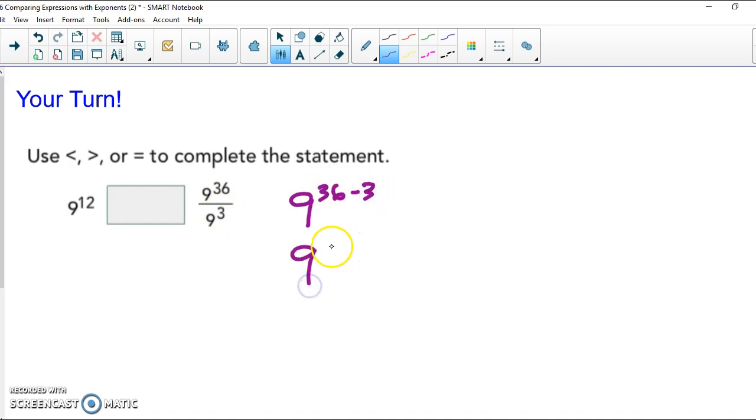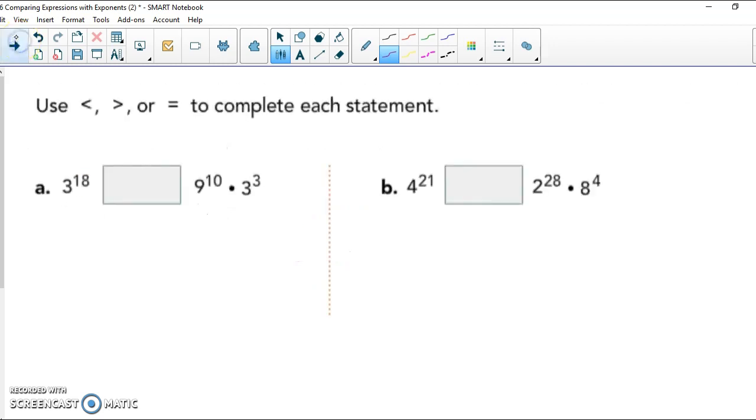Don't be tempted to divide the powers. So this is actually 9 to the 33rd power, which obviously if I multiply 9 by itself 33 times, that's going to be greater than if I multiply 9 by itself 12 times. So we would say 9 to the 12th is less than 9 to the 33rd power.